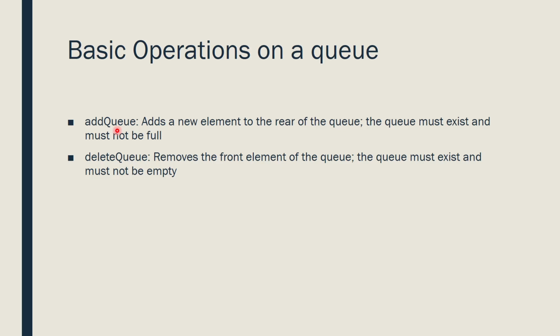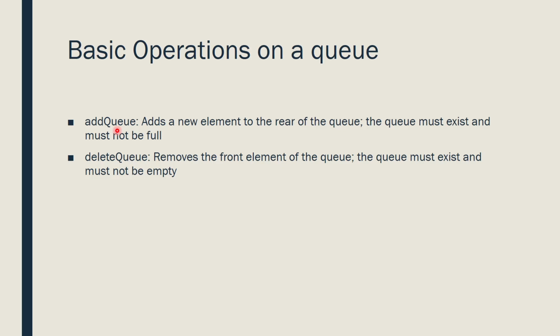Therefore, for this operation, you have to check that the queue must exist and must not be full. For delete queue, this is removing the front element of the queue.